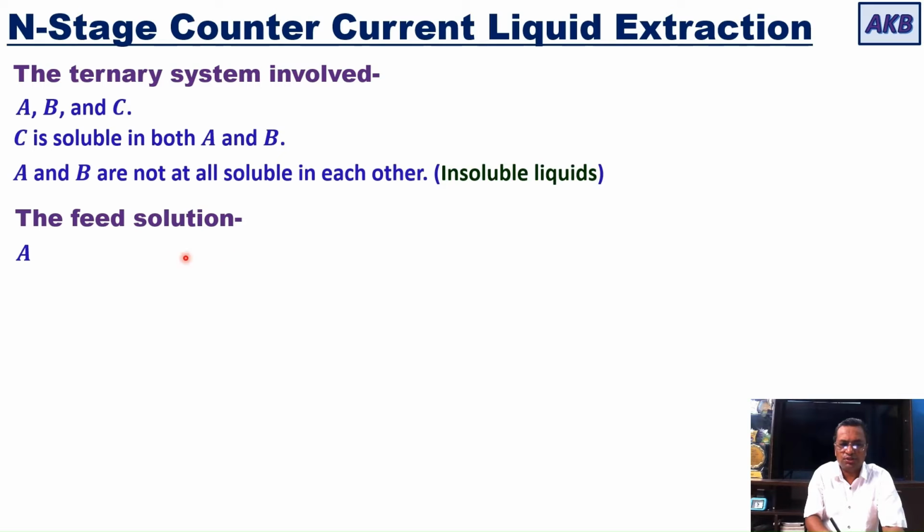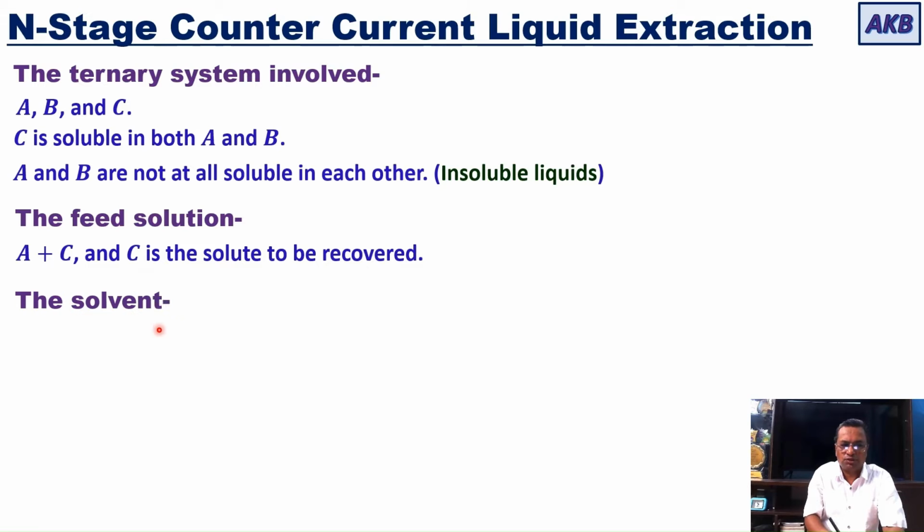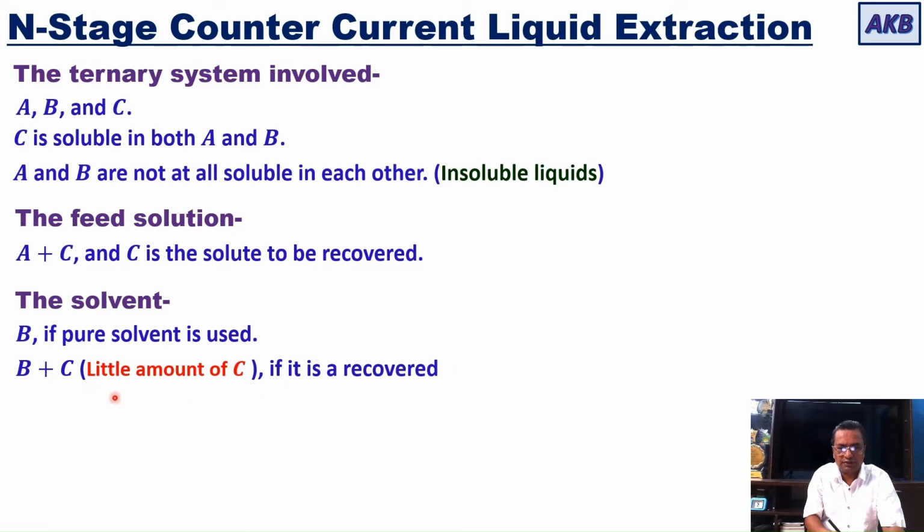The feed solution in this case will contain A and C, where C is the solute to be recovered. The solvent, if you are using pure solvent, will contain just B. But if you are using a recovered solvent, then it will contain B and a little amount of C in it. So B plus C, where C is present in little amount.